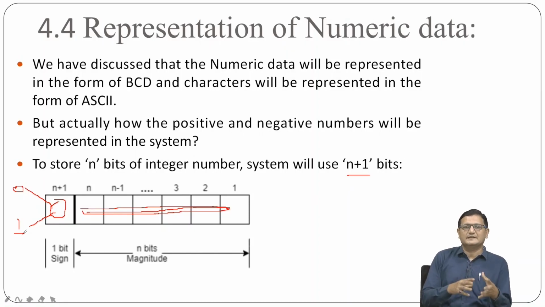If the sign bit is 0, the value you are representing is a positive number. And if the sign bit is 1, the number you have written in the 1 to n bits is a negative number, right? So that value is called the magnitude, and the 1 bit used is called the sign bit, okay, fine.